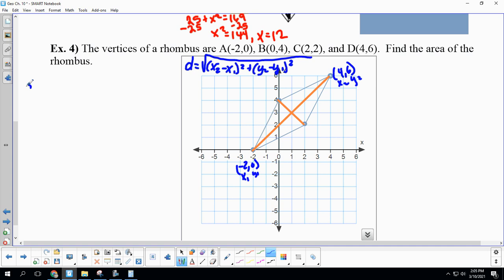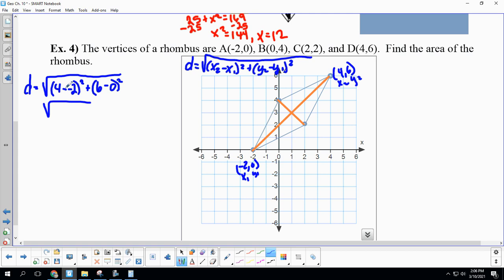I'm going to just distance formula the heck out of this problem here. Okay, so we have x2, which is 4, minus x1, which is -2, squared, plus y2, which is 6, minus 0, squared.